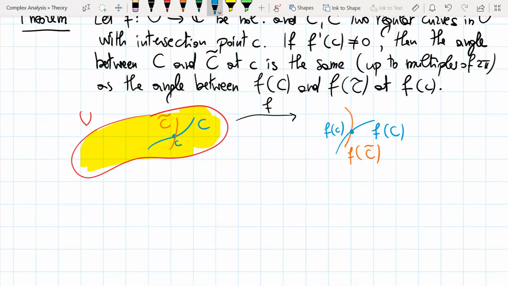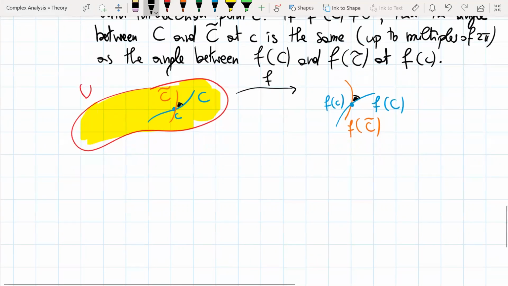And then this angle here is the same as this angle there. So this is what the theorem is saying. So let me give the short proof.